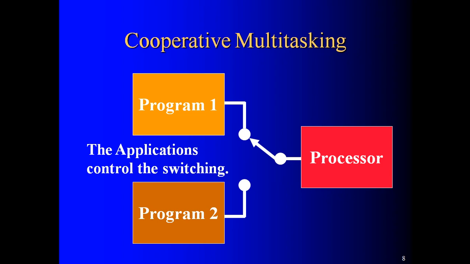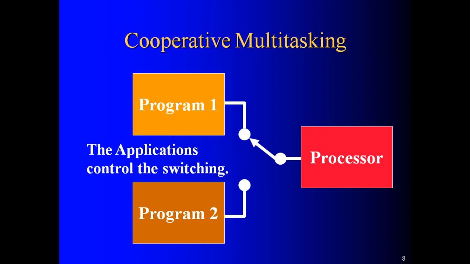We already know what multitasking means: there is a concurrent operation of the processor on program 1 and program 2, and when one is active, the other is in an idle state and vice versa. But if the application is controlling the switch, it is known as cooperative.